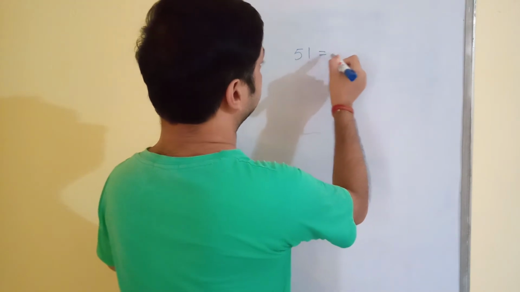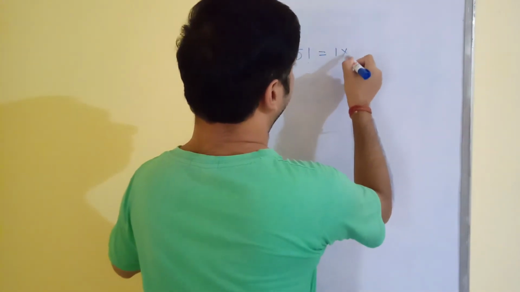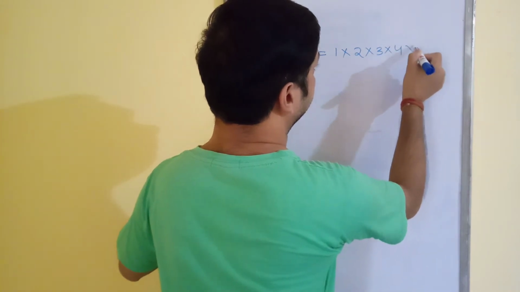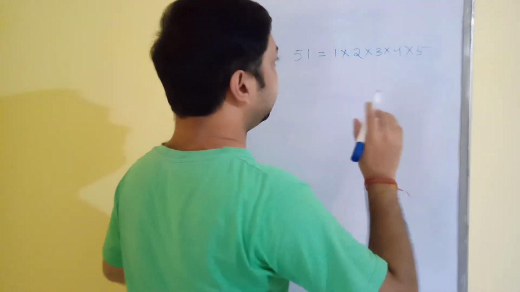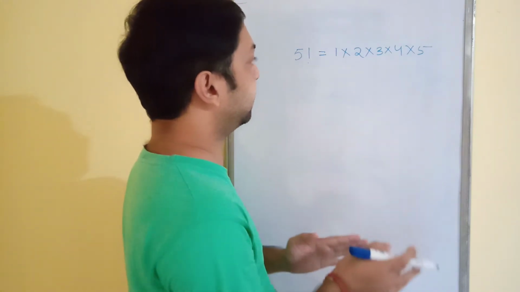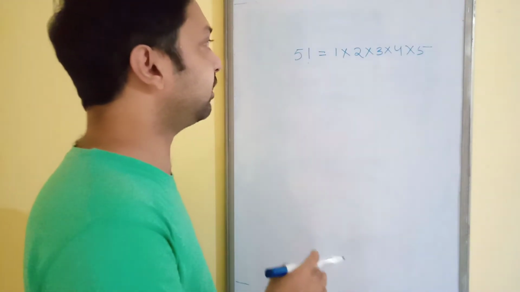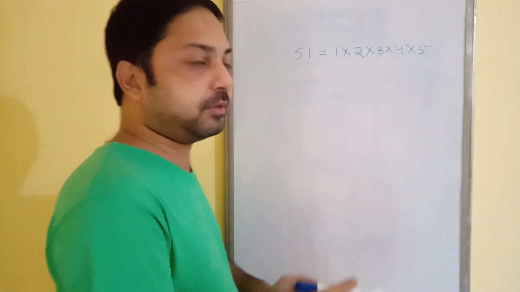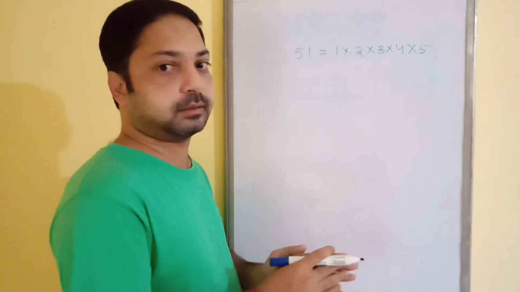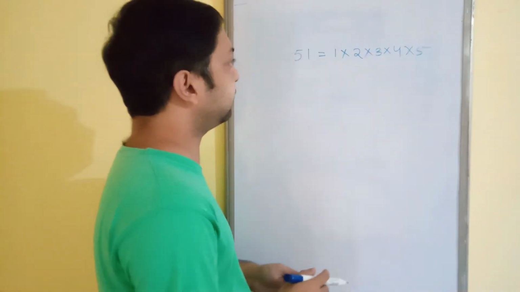As we already know, 5 factorial is nothing but 1 into 2 into 3 into 4 into 5. But this is the normal way we can find the factorial of a number. Now the question is how to express it in terms of factorial. Recursion can be expressed in terms of itself.